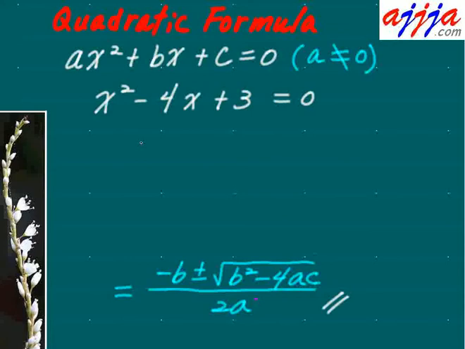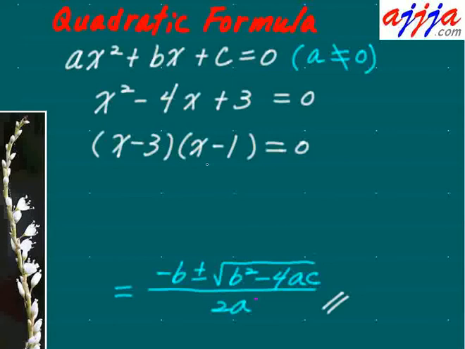Now let's try this. x squared minus 4x plus 3 equals 0. Obviously we can do this the factoring way, right? This one is factorable. So x, times, for this one, 3 times 1. If you add them, it should be negative 4.